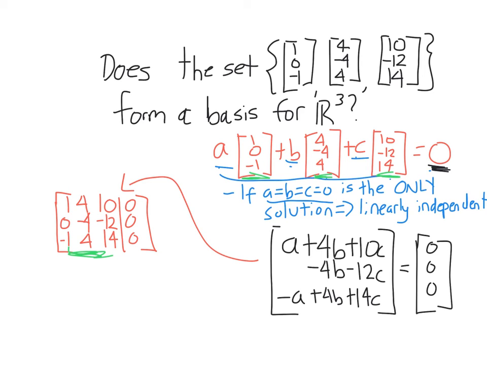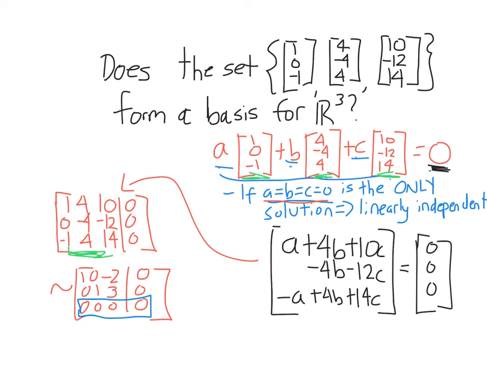So in row reduced form, I end up with a matrix that looks like this. Remember, if I have a row of all zeros, that means there are infinitely many solutions to this equation. So a equals b equals c equals 0 cannot be the only solution.